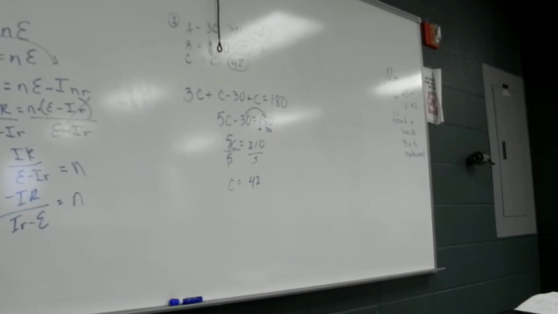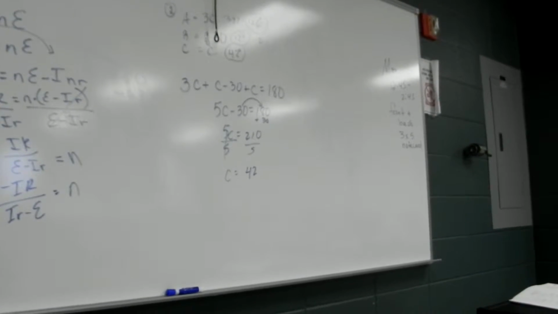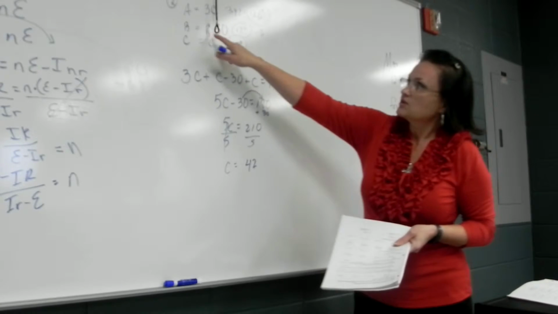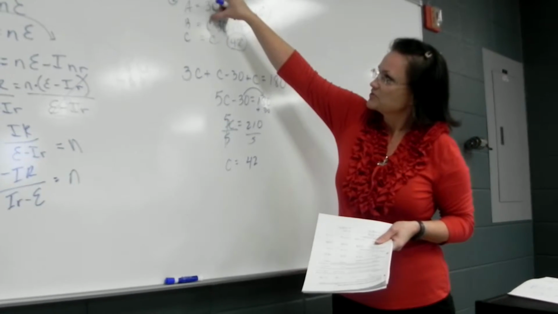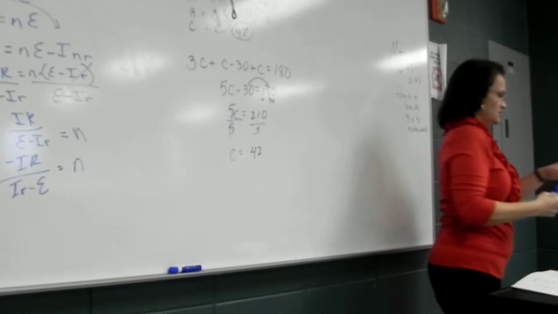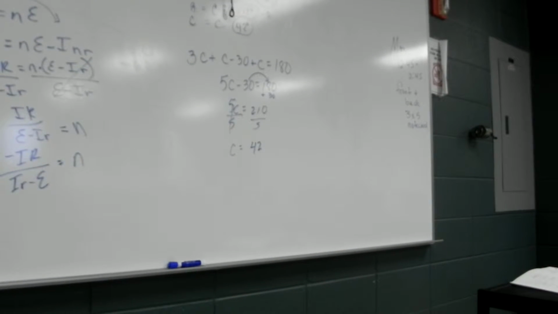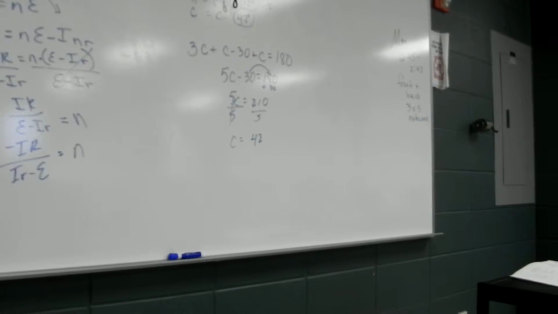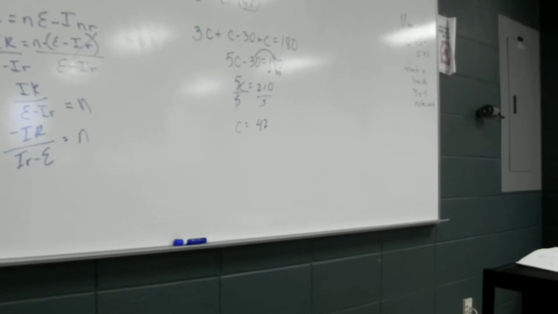Okay, how did you get the 126 and the 12 again? After you get C is 42, then these have C's with them. So 42 minus 30 and 3 times 42. Where did that 84 come from? Like on the answer?